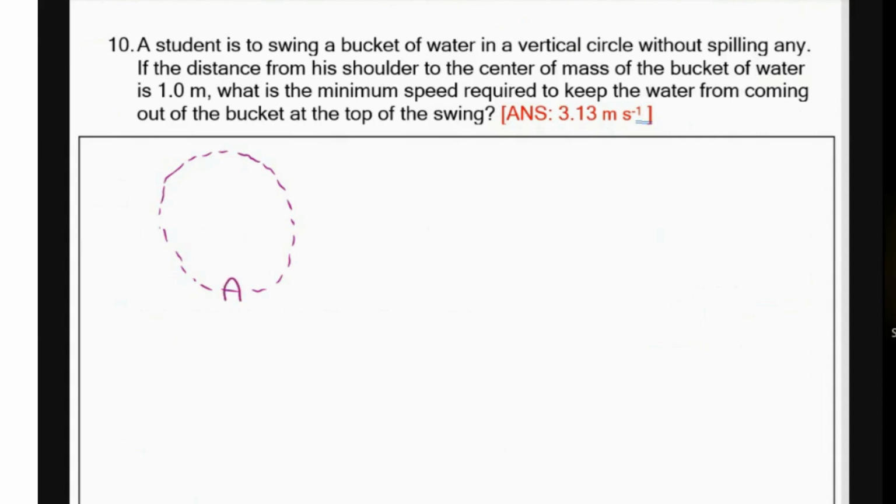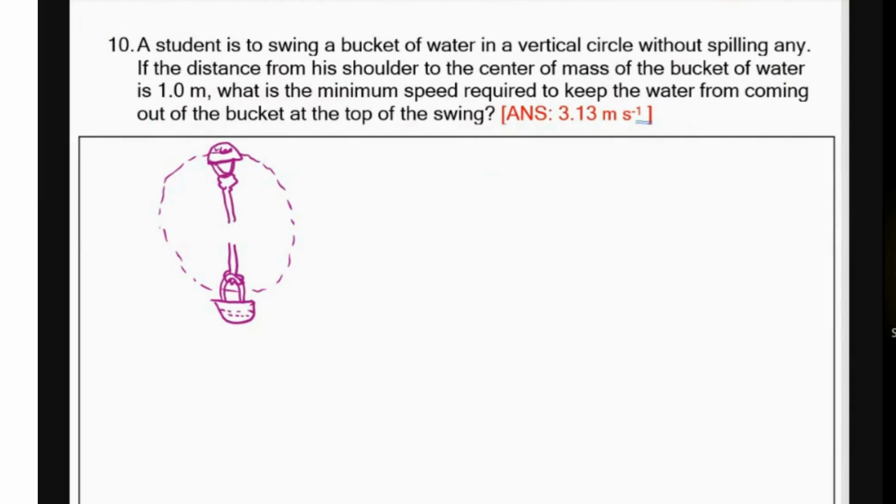This is the bucket of water. Inside there's some water, and then you hold it on the handle. This is your hand, something like this, and then you make it move vertically along the circle. So at the top, the water is above, and this is still your hand holding it.